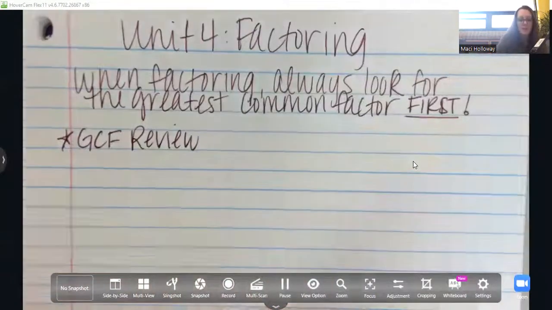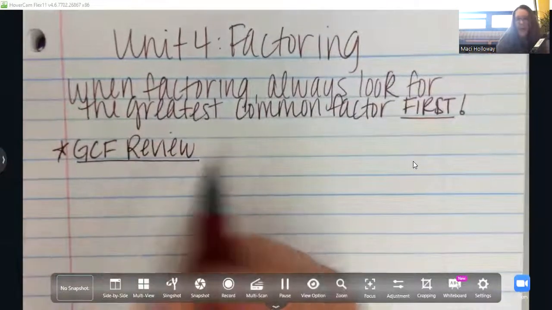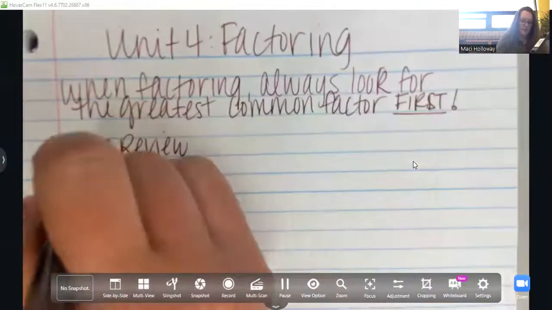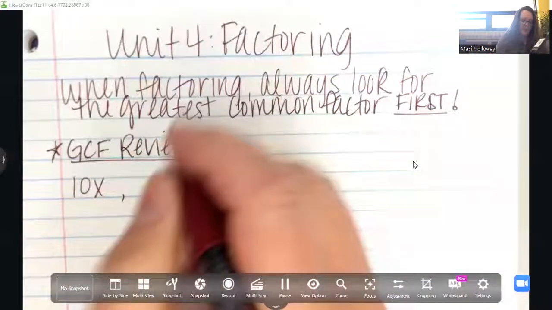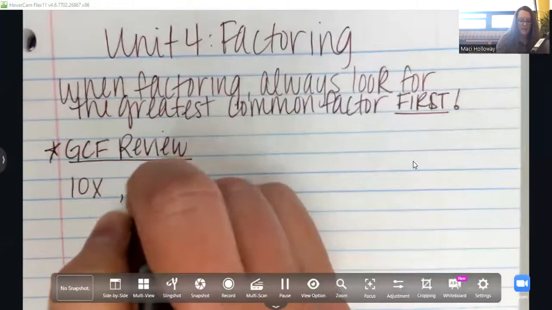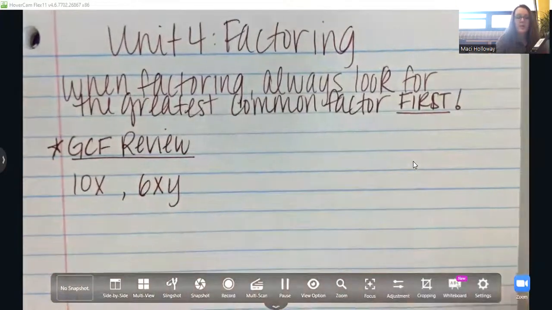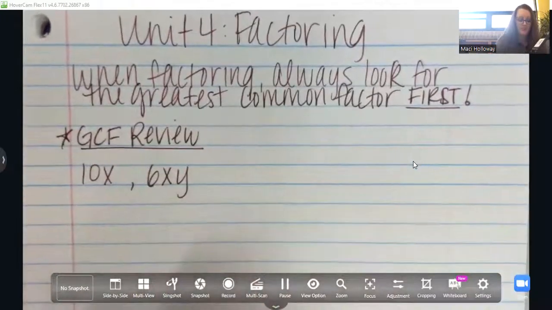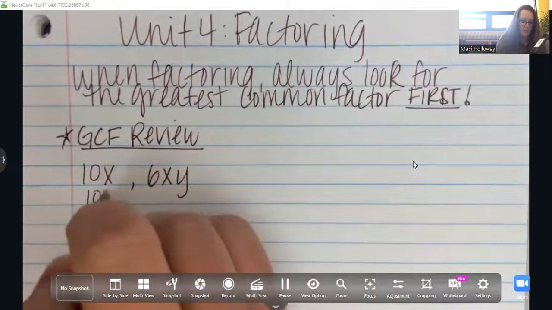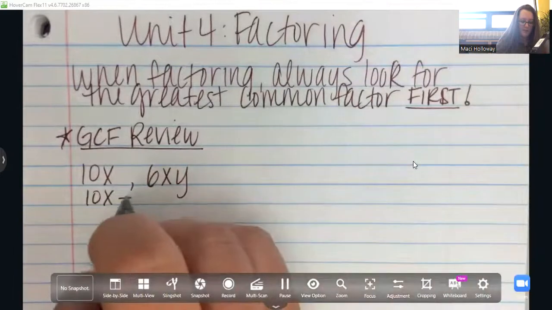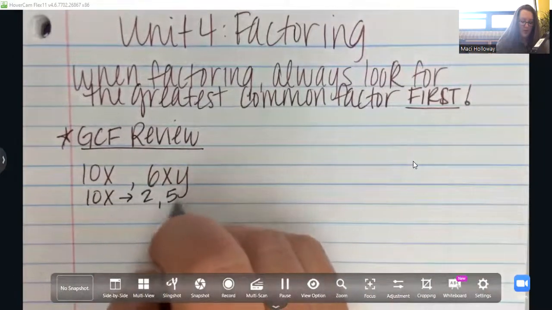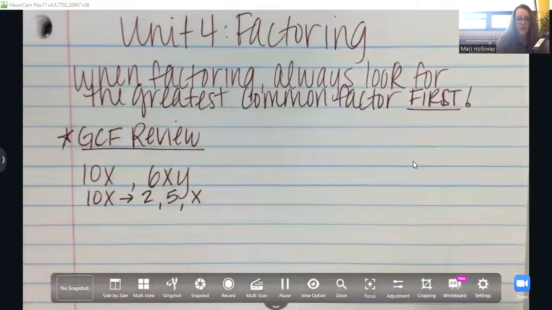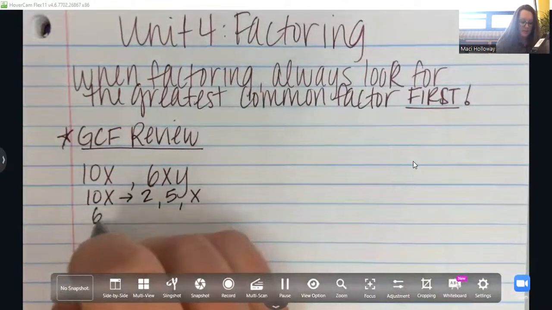So greatest common factor review, let's look at, I don't know, 10x and 6xy. So I'm going to think about what are all of my factors of 10. So for 10x, we have 2, 5, and x. Those are my factors of 10x. So let's look at 6xy.